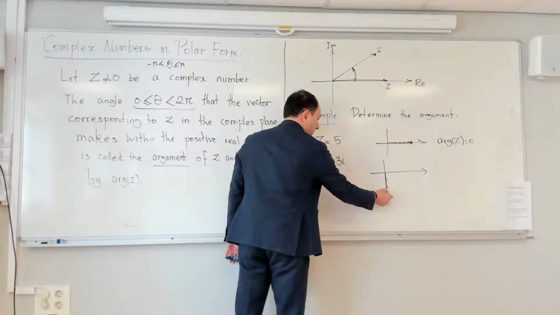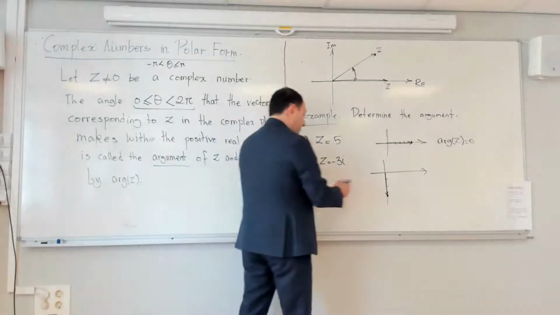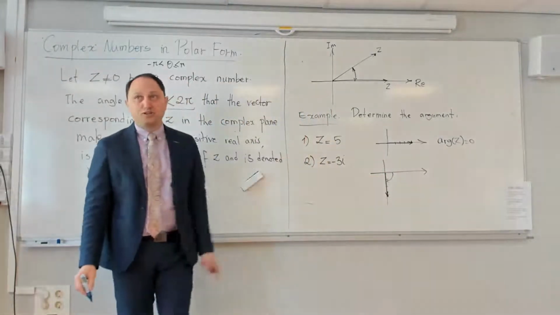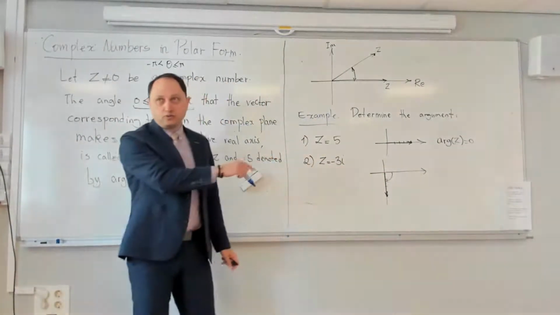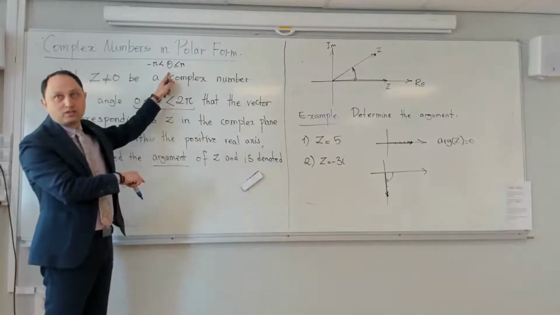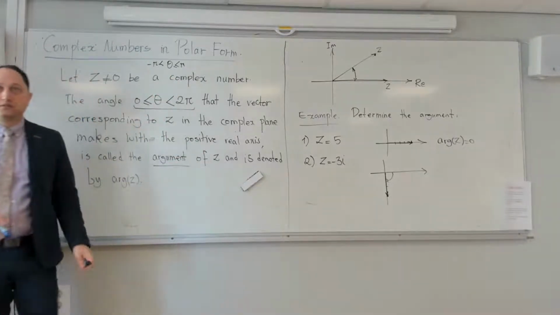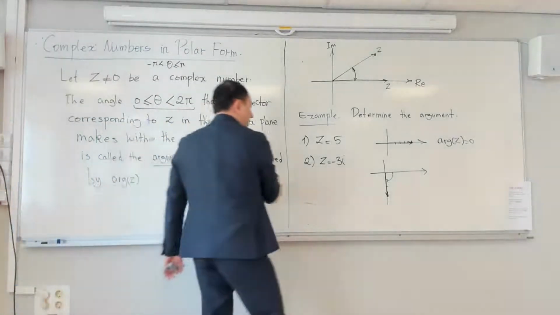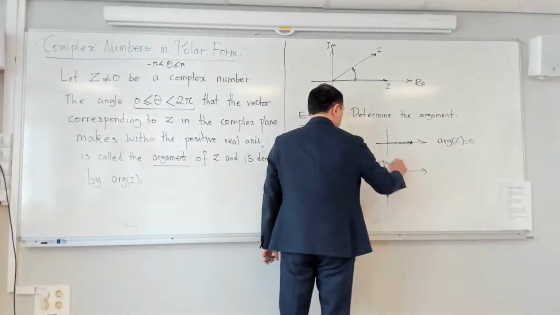So this is your Z. Do you agree? Okay, so if you want to name this angle, you shouldn't say pi over 2, because pi over 2 will be up there. So this is minus pi over 2. But if I want to stick to this convention, what should I answer? Yes? 3 pi over 2. So is that understandable? So I would say that I will consider it 3 pi over 2 because this is my argument now.